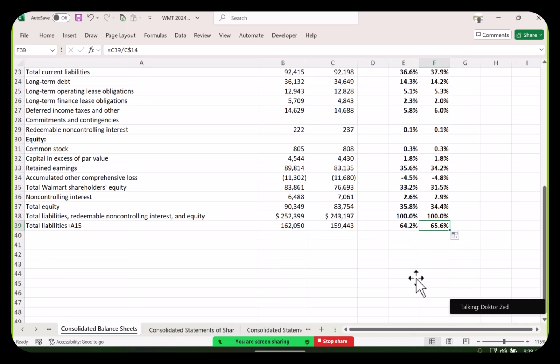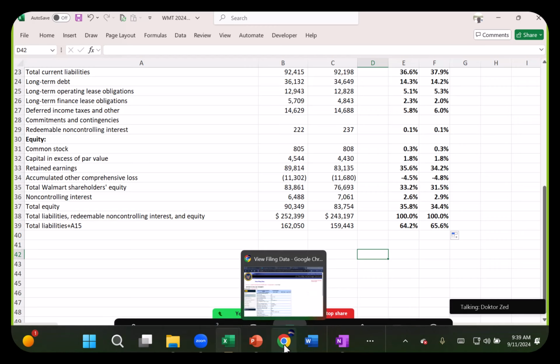It's about 64, 65. So that means Walmart is using a little bit less debt compared to Kroger. And they're not much indebted companies.